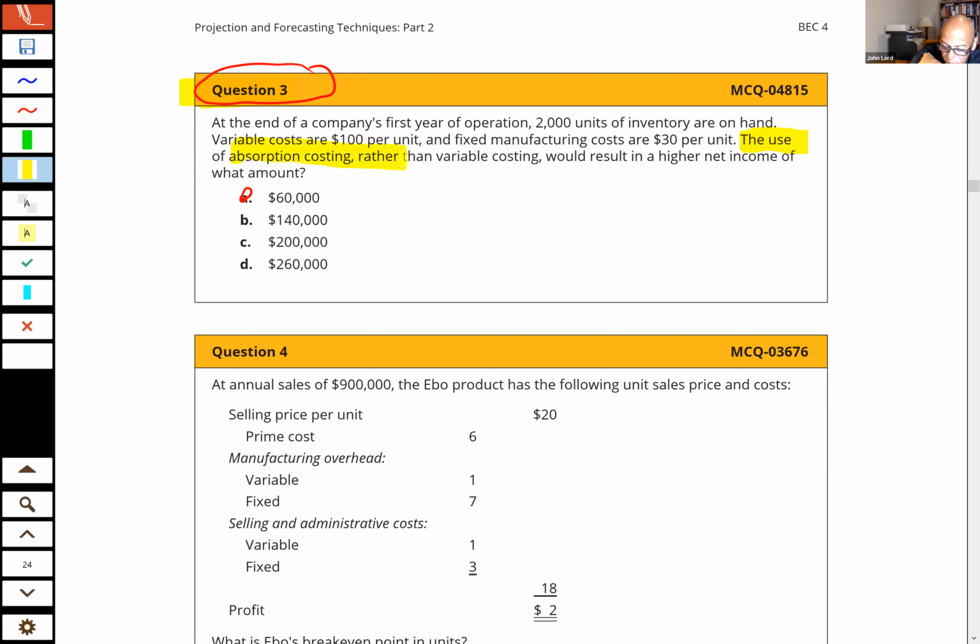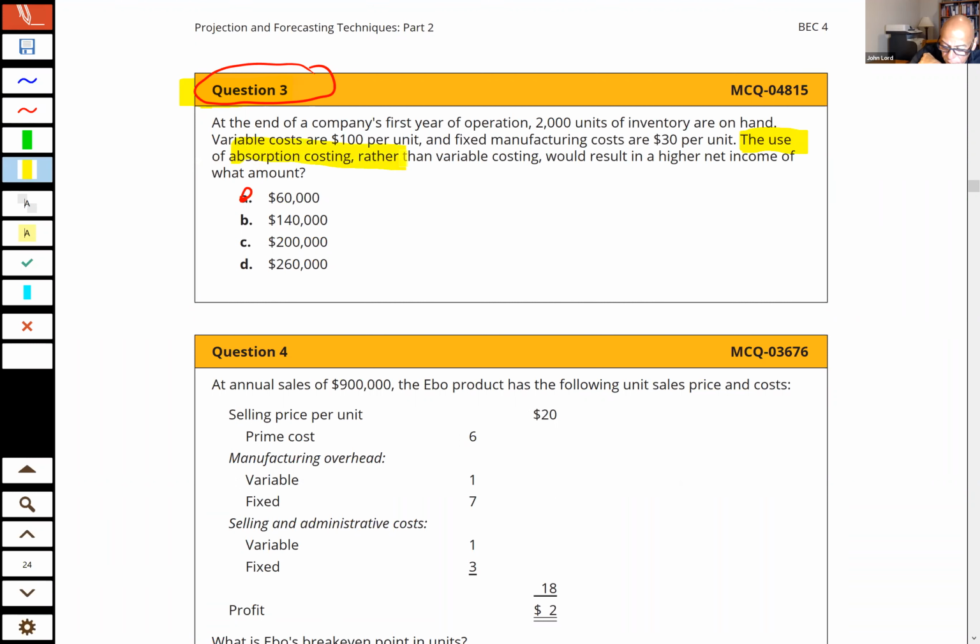If the inventory levels are decreasing, variable would have a higher income, or if they're the same, there's no difference. You didn't have to remember that here because they told you absorption is going to be bigger. And the reason is that it was their first year of operations and they ended up with 2,000 units in inventory on hand.